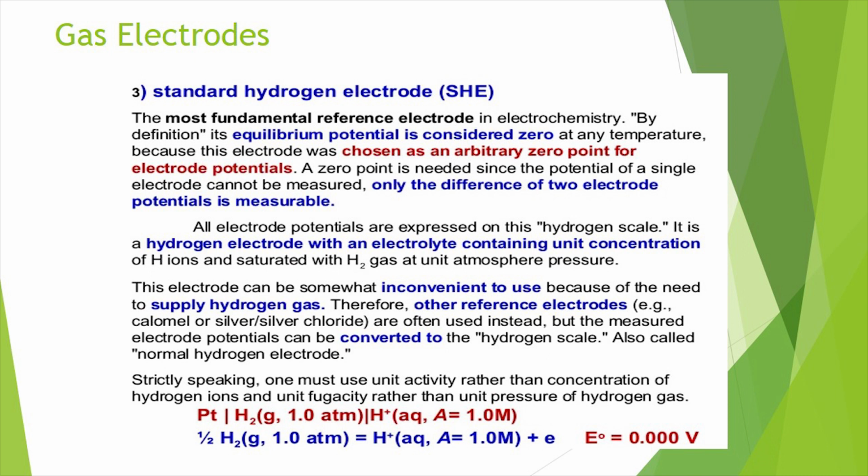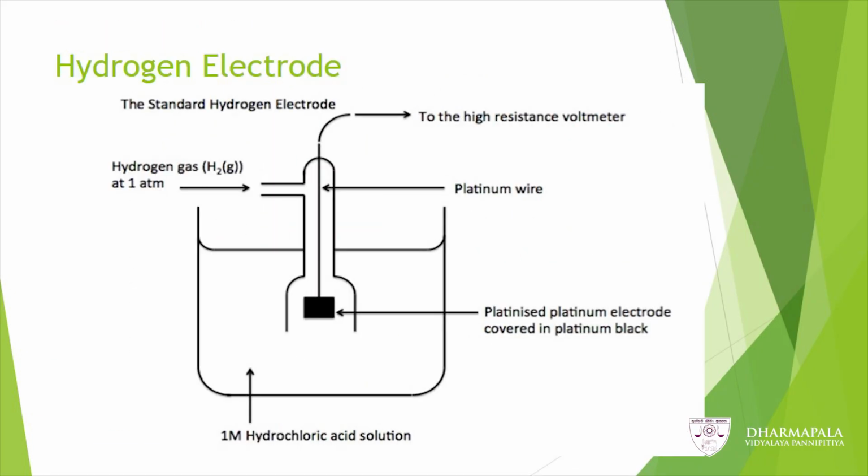Therefore, other reference electrodes, for example calomel or silver chloride electrodes, are often used instead, but the measured electrode potentials can be converted to the hydrogen scale, also called the normal hydrogen electrode. Here is a diagram of the hydrogen electrode.